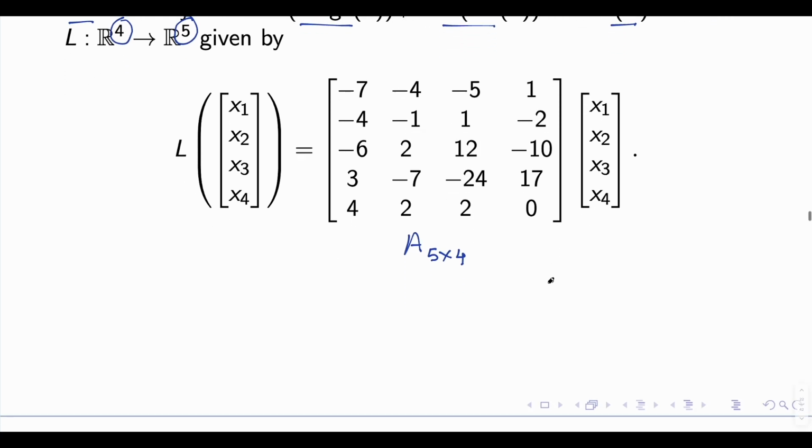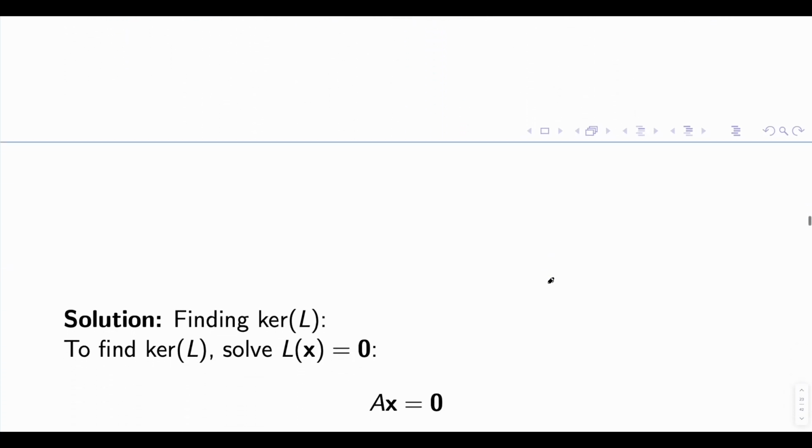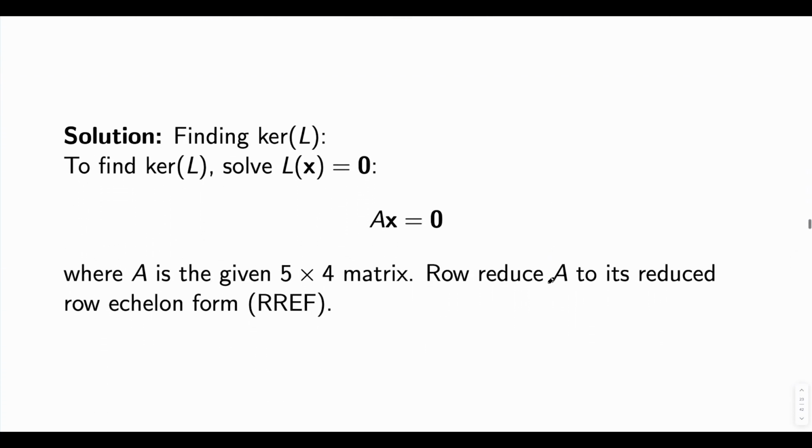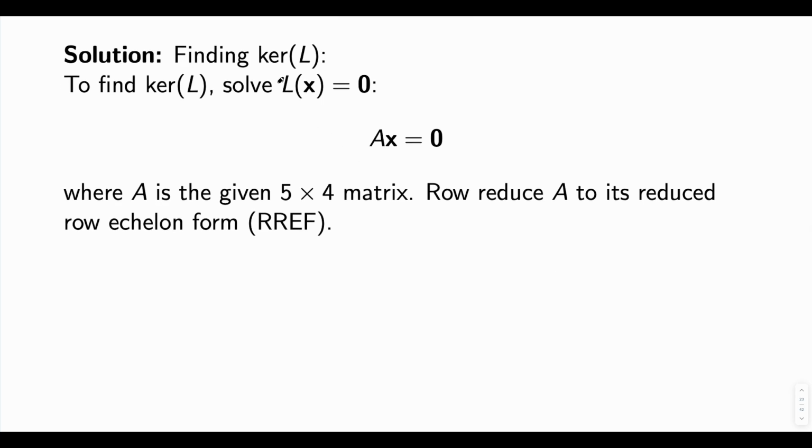So now, to find kernel L, we have to solve L(x) equal to 0. It means that we are going to solve Ax equal to 0. But A is given as a 5 by 4 matrix, so we have to find the reduced row echelon form of A, RREF.